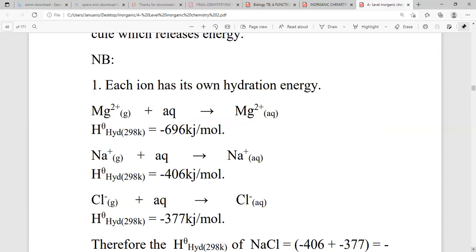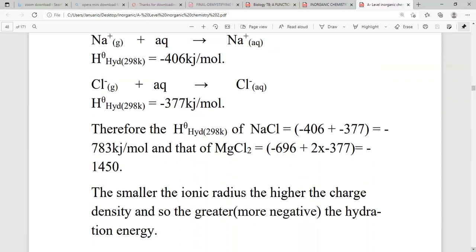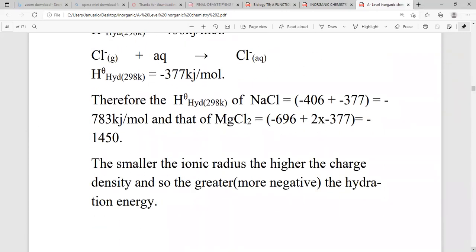For sodium, it is negative 406, and for chloride, it is negative 377. Therefore, for the hydration energy for complete dissolution of sodium chloride, you add the hydration energies of the respective gaseous ions that make up this ionic salt.